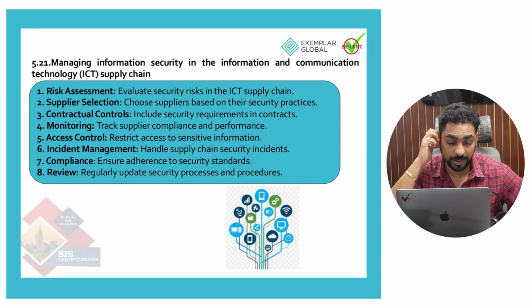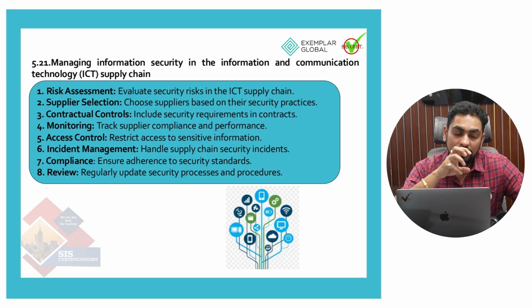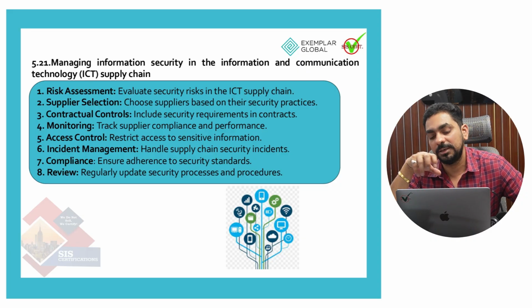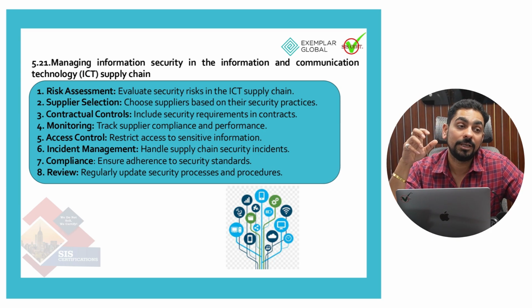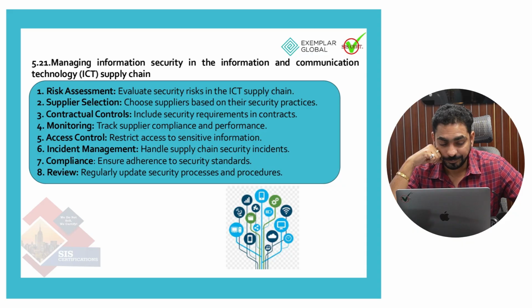Risk assessment: evaluate security risks in the ICT supply chain. Whenever we do the risk assessment, we look at where all your information is flowing and what the supply chain is, to make sure the information remains secure.